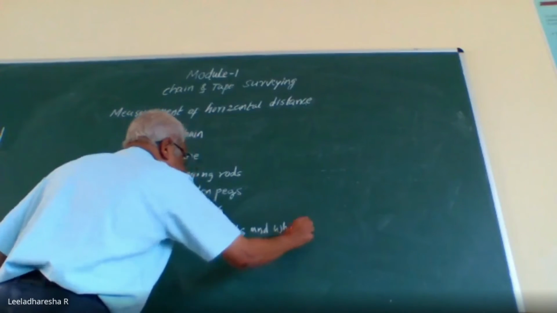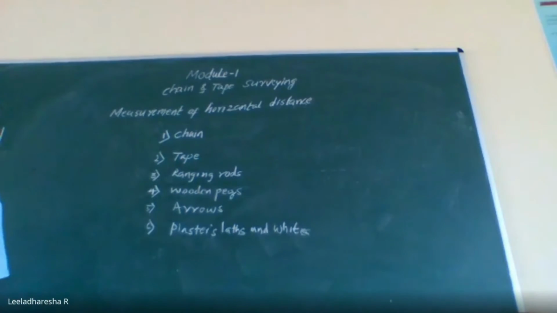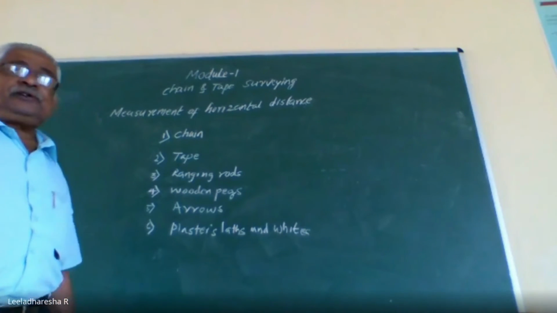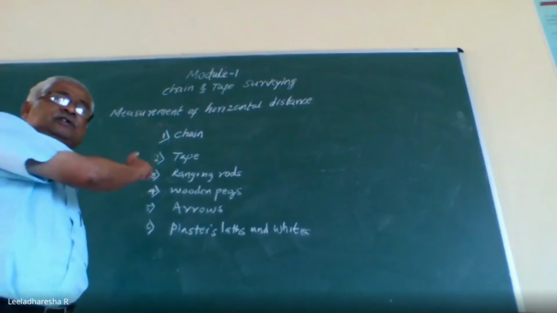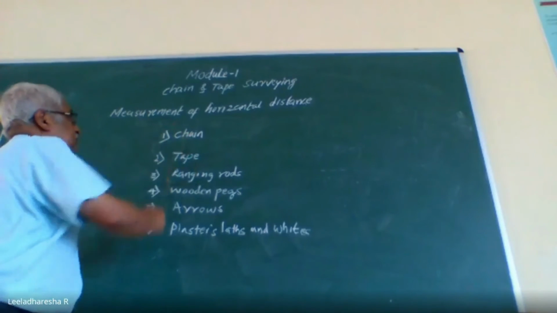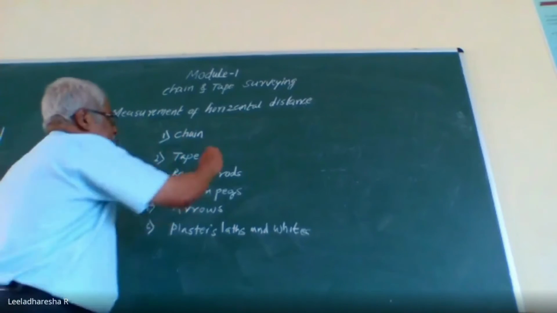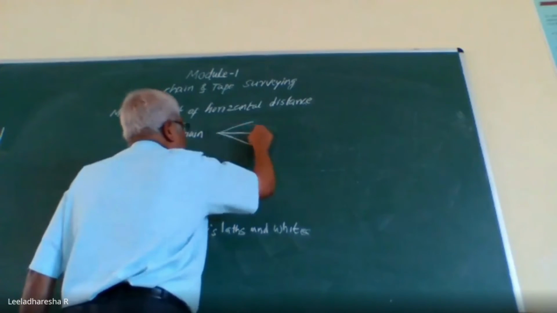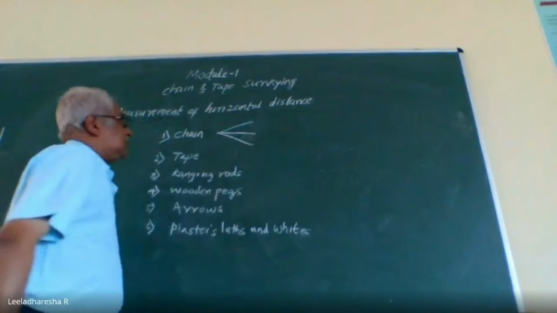So these are some of the instruments very commonly used to measure horizontal distance along with chain and tape. I have shown you a chain in the previous class. We have different types of chains which are used for measurement of horizontal distance.